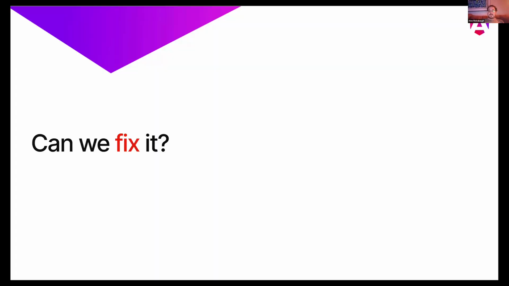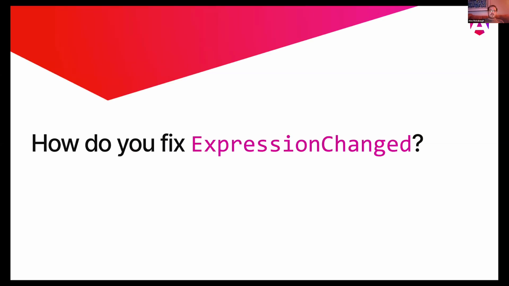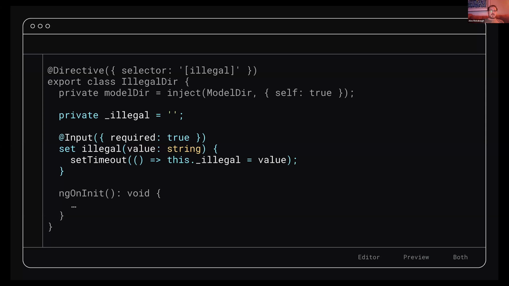Can we fix this? Well, absolutely. We know how to fix expression changed after checked, right? We put a setTimeout. And this is a pretty big hammer. What we're doing here is creating an entirely new change detection cycle. And in that new change detection cycle, we're assigning the illegal set of characters that we're going to read in our validator.